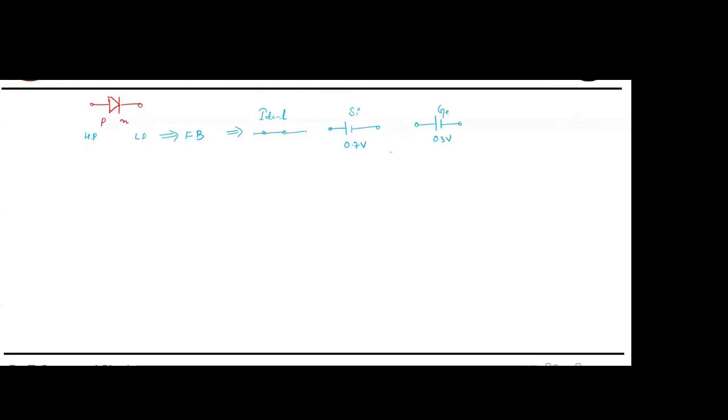Try to understand this logic. Whenever a diode is forward bias, that is P connected to higher potential and N connected to lower potential, in the ideal case we just short circuit it. If it is a silicon diode, we put 0.7 volt. If it is a germanium diode, we put 0.3 volt. Fine.